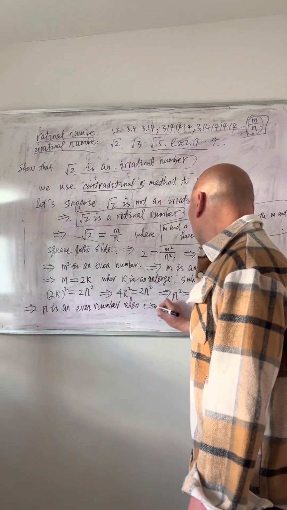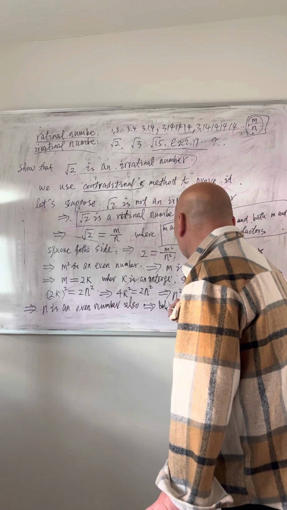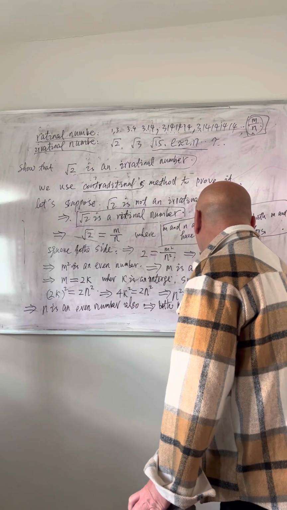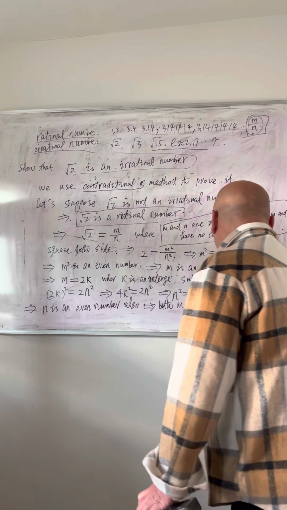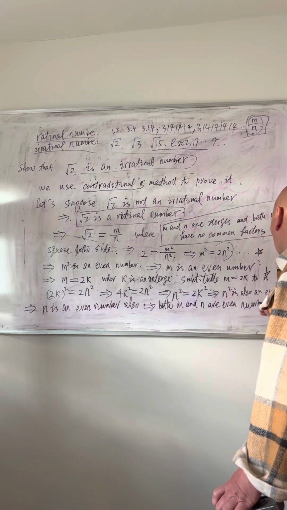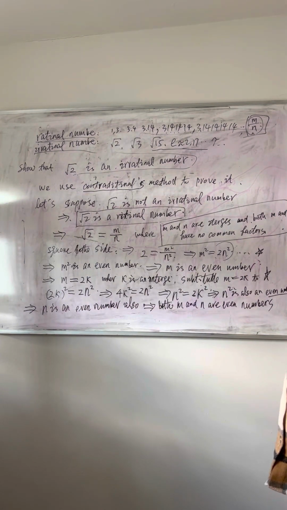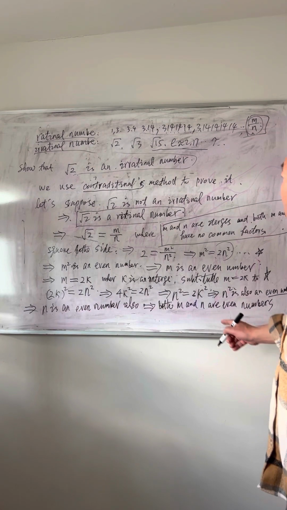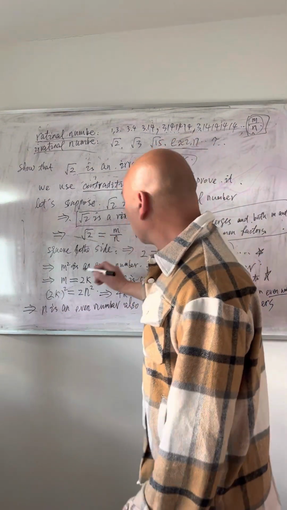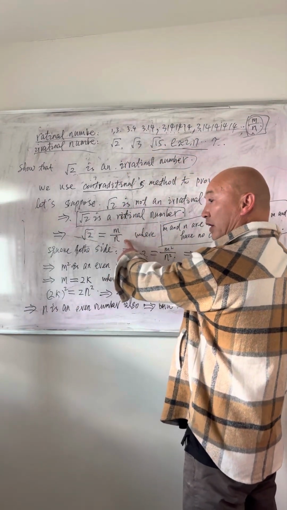That means, look, both m and n are even numbers.